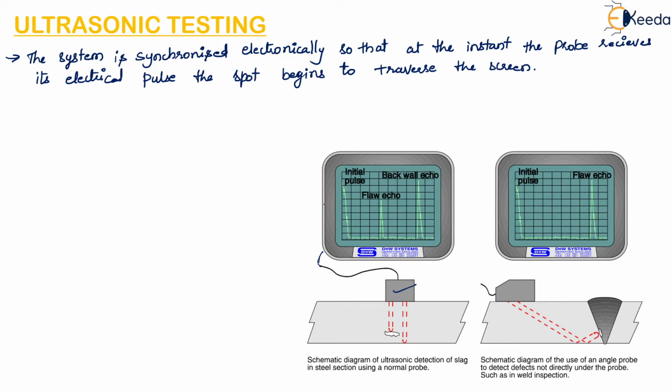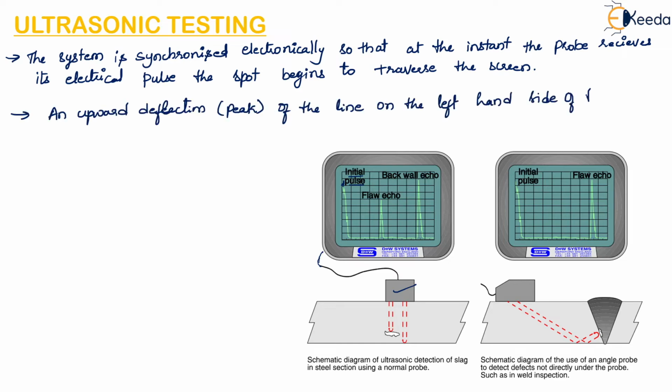So an upward deflection, that is the peak of the line on the left hand side of the screen, is an indication of this occurrence. If there is a peak on the left hand side of the screen, that indicates the initial pulse.